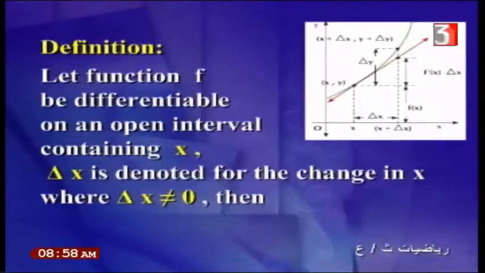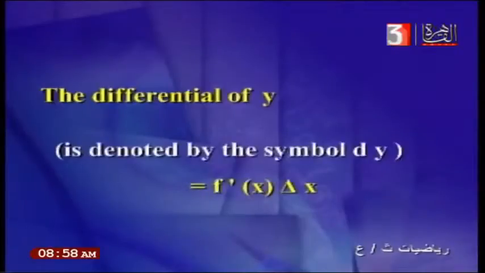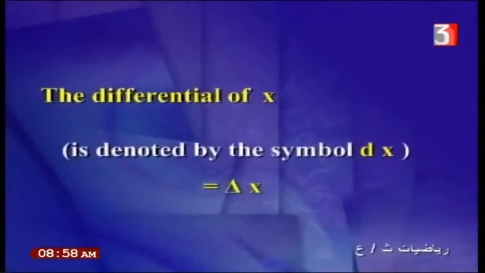Then the differential of y is denoted by the symbol dy equals f dash x delta x, and the differential of x is denoted by the symbol dx equals delta x. So dy equals f dash x dx.